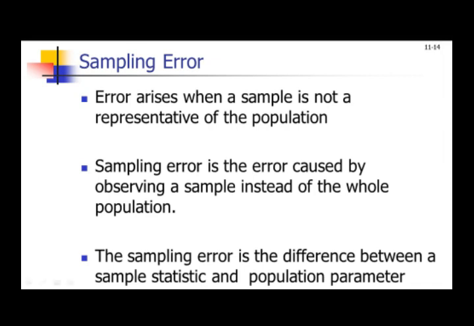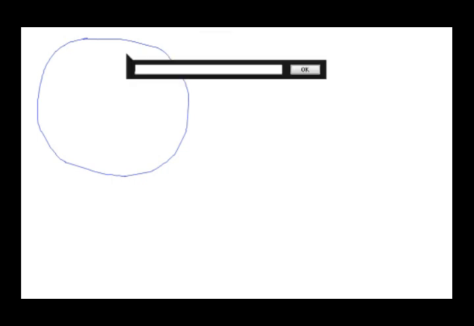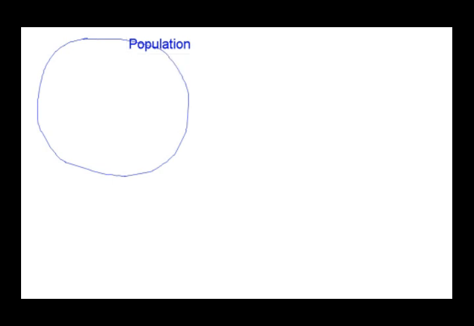Let's understand this with an example. Just imagine I have a set of elements to be studied. So I call this set of elements the population. And we know very well that it is practically not possible to study this population as a whole, or to study each and every element of this population.